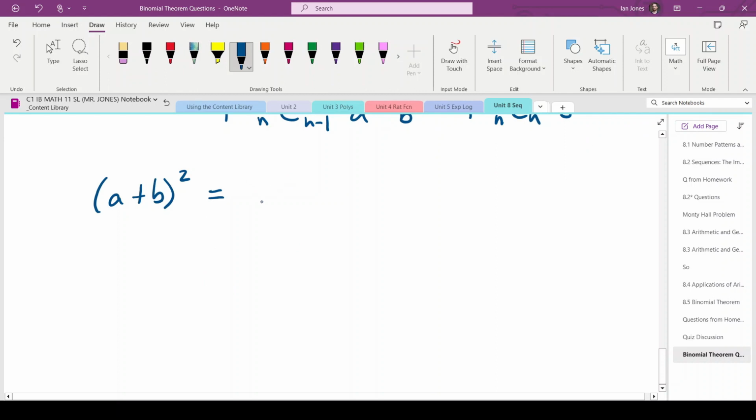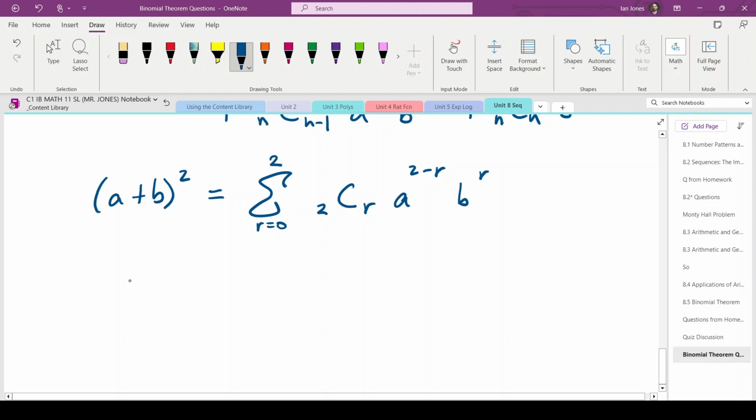So here I'm going to use the formula. It says that I start from r equals 0, I go up to n, which in this case is 2, so I'll put a 2. I have n choose r, but in this case n is 2. I have a to the n minus r, but in this case n is 2. b to the r.